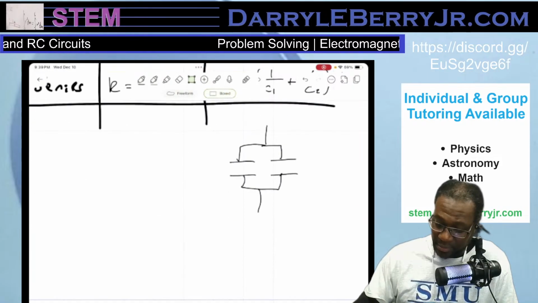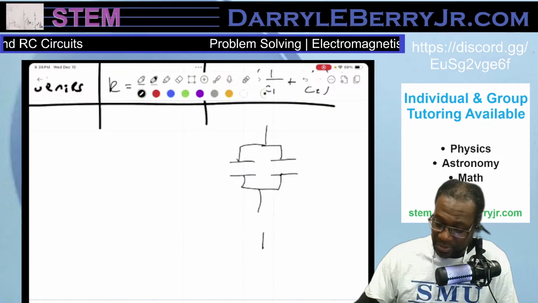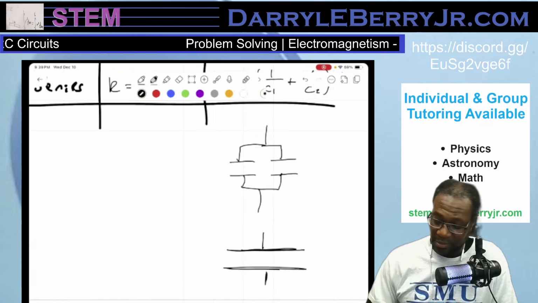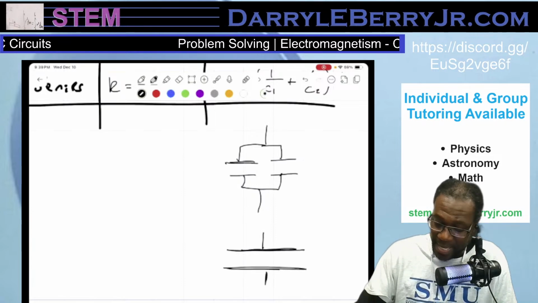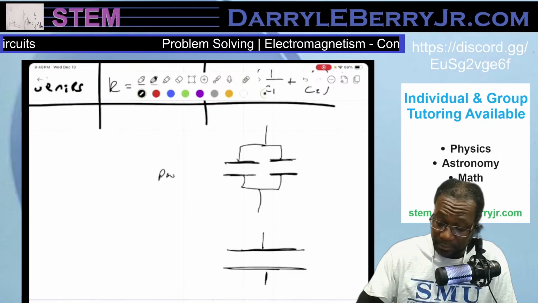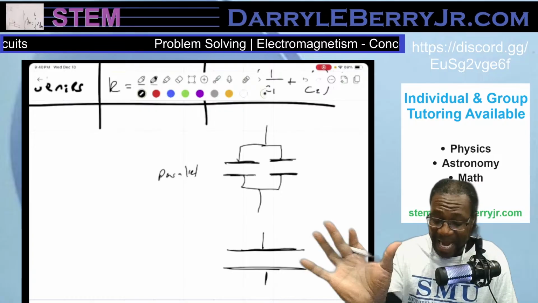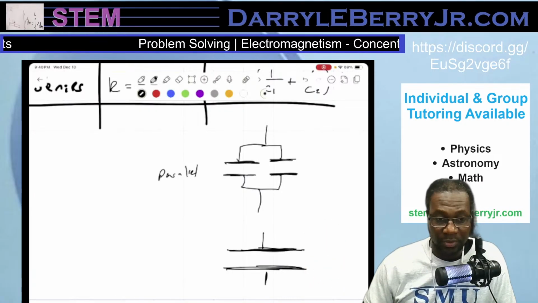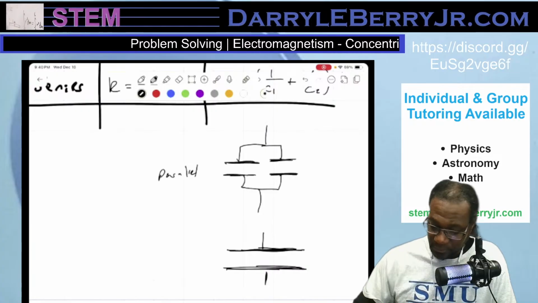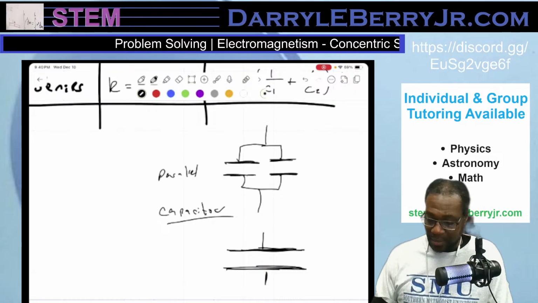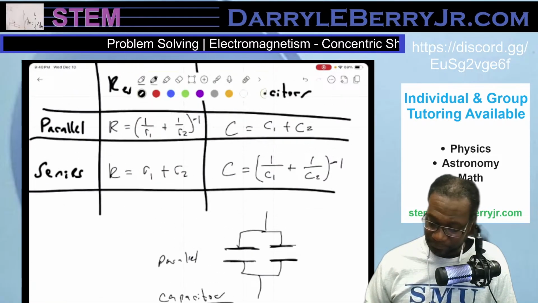That's the same thing as if you were to touch those capacitors together and you just had a twice as big plate. So that's how you could think about it. If you're going to get an equivalent capacitance of these things in parallel, you see they're just side by side. If you just push them together, you just added them together. Parallel capacitors. And that's how I eventually learned to remember that difference.